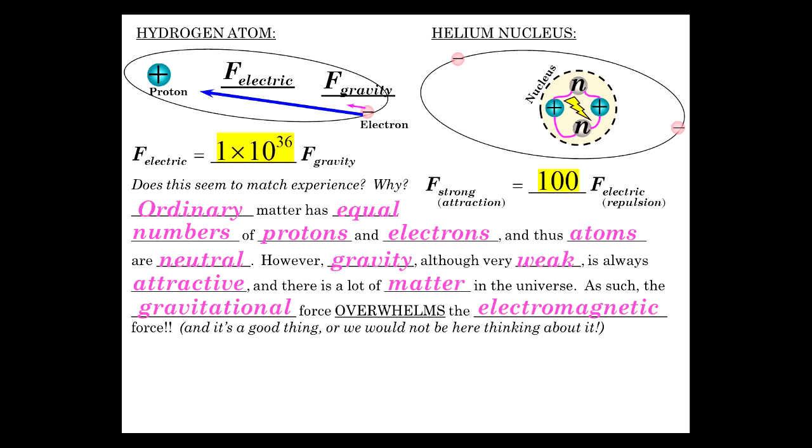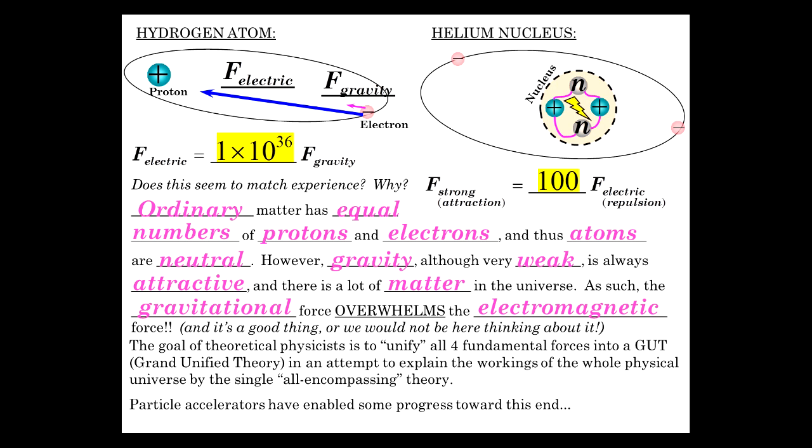So that's really good, because if the electric force was, well, let's put it this way. If you just have one extra electron or proton compared to the other out of about 10 to the 36, then the electric force would overwhelm the gravitational force, and you wouldn't have the gravitational accumulation of matter to form planets, stars, and therefore people.